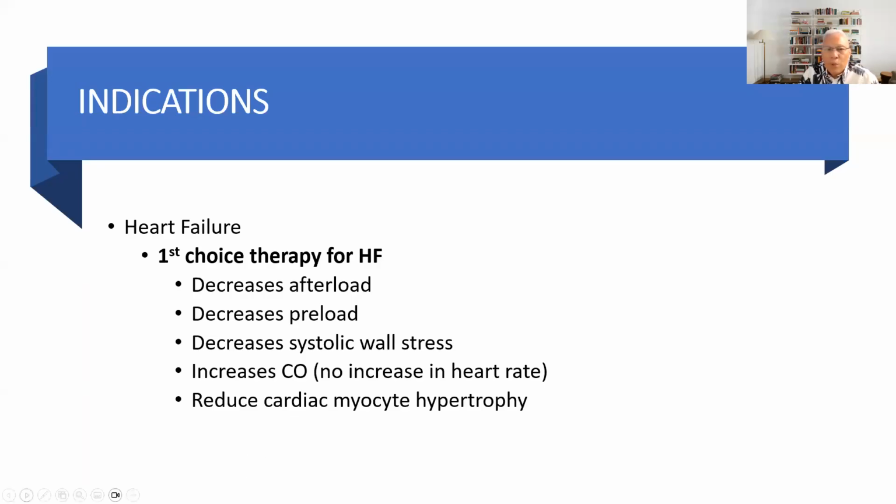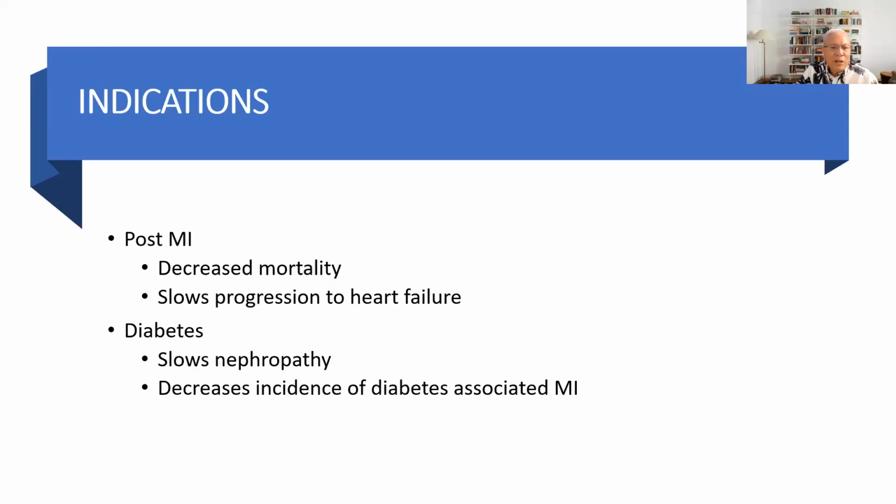All right, so in essence then, when we use this on heart failure patients, there's going to be an improvement because there's going to be an increase in cardiac output without having to increase heart rate. Because if you increase heart rate, you also increase myocardial demand for oxygen. All right, the other uses of ACE inhibitors are for post-myocardial infarction.